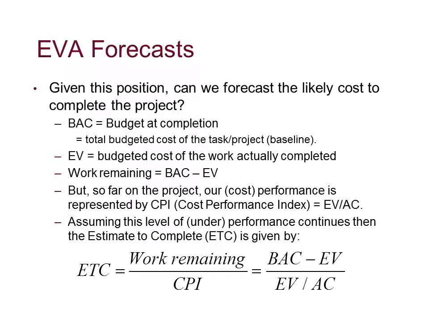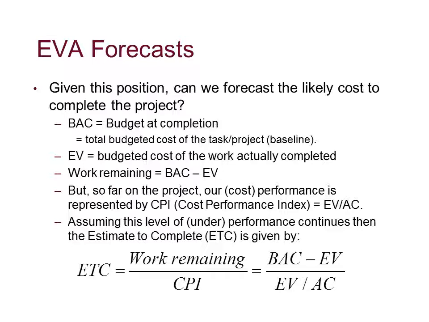So what's the end point of the baseline? That's the budgeted amount of work we expect to have carried out at completion. Earned value equals the budgeted cost of work actually completed. The work remaining is the budgeted at completion figure minus the earned value.